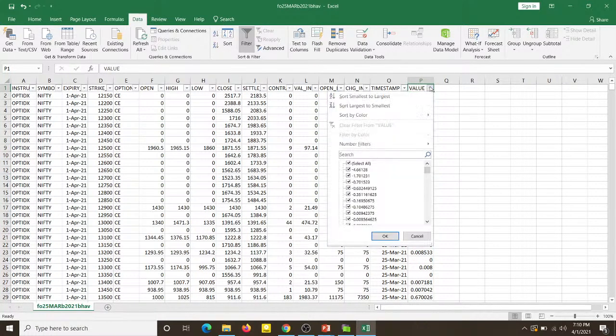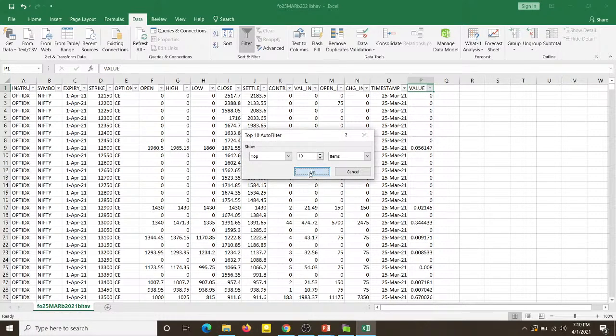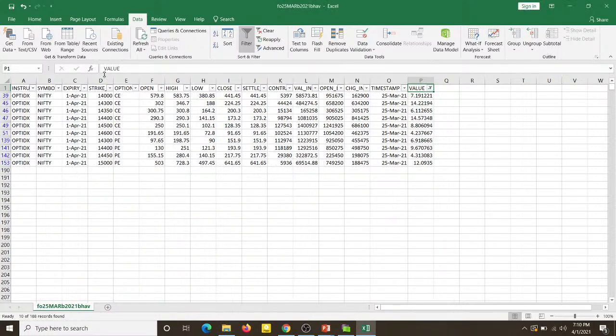So we'll apply that, and we'll just reset the filter. Okay, so now out of this we need top 10 positions. Yeah, so on this day, if you see, these are all the positions that got added with the highest value, right? So in this you can see the top position being this one, 14,300 call, right?